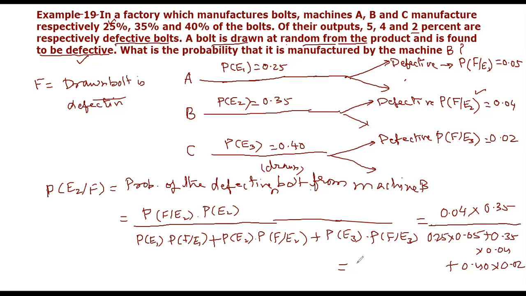So you will get the result 0.0140 divided by 0.0345. Removing the decimal, you will get 140 divided by 345, and when you cancel it, you get 28 by 69.